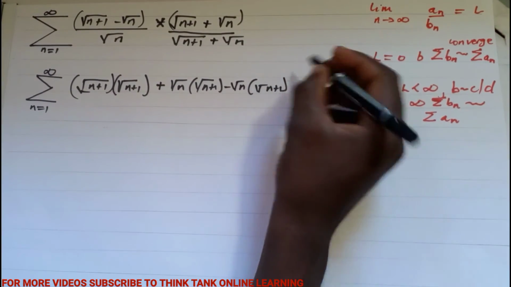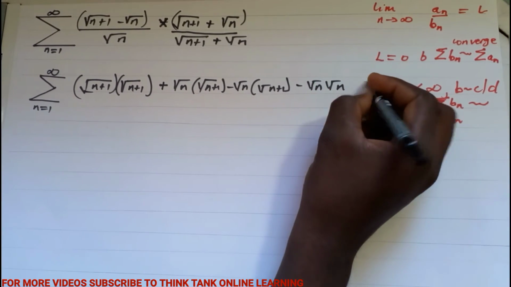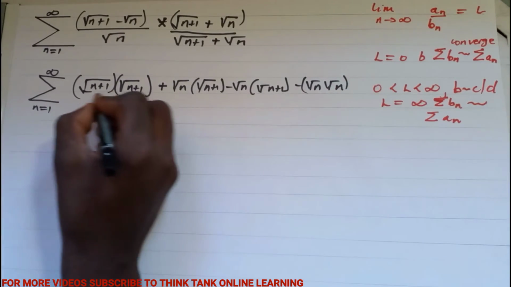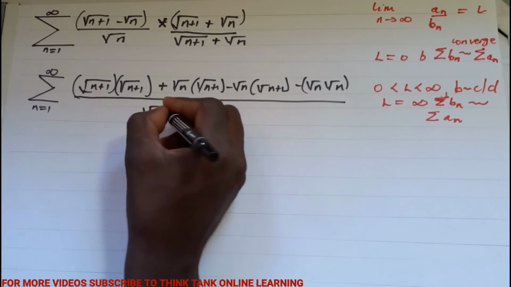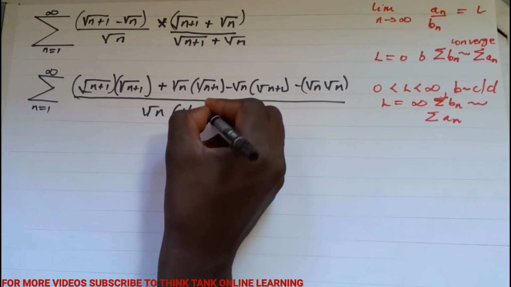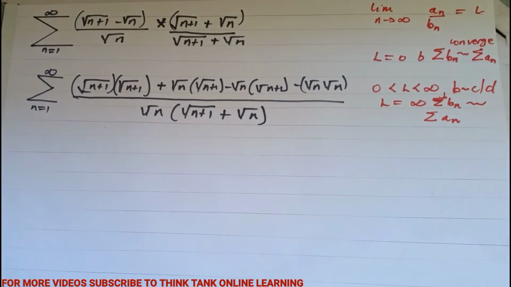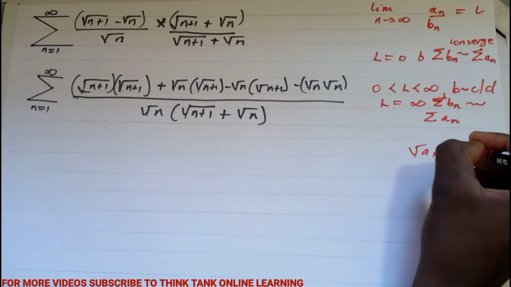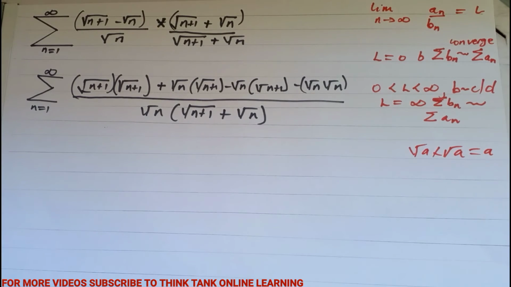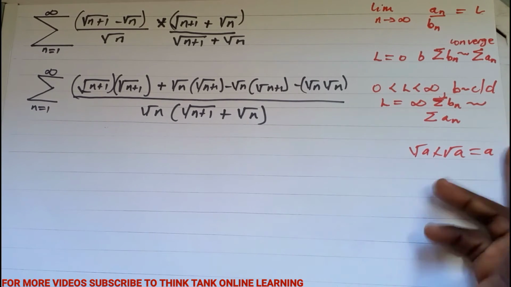And minus root n times root n, and this whole thing divided by root n plus 1 plus root n. So we know that root a times root a is equal to a. By the way, this is the same as a to the power half. If you have the same base, you can just add and you're going to get a to the power 1.